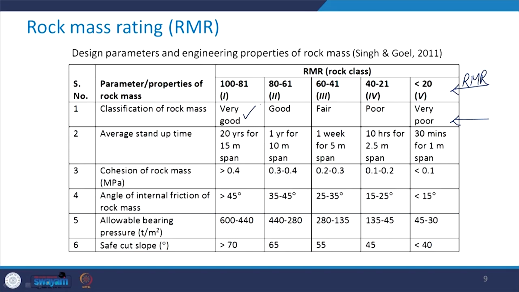If it is 80 to 61, it is good quality rock mass. Between 41 to 60, fair quality. 21 to 40, it is poor quality, and if the rock mass rating works out to be less than 20, then the rock mass quality is said to be very poor.